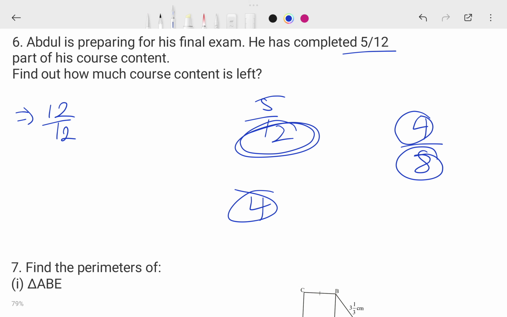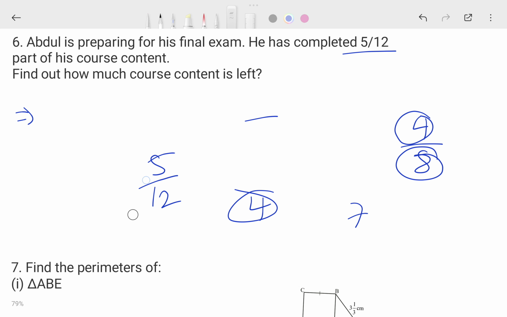So here you see he completed, the final is 12. Out of 12 he did 5. Then what is left? When you subtract, you will understand there is only 7 left. So what we have to do, we have to subtract. So we have to write 12 out of 12. So we will not do like that.